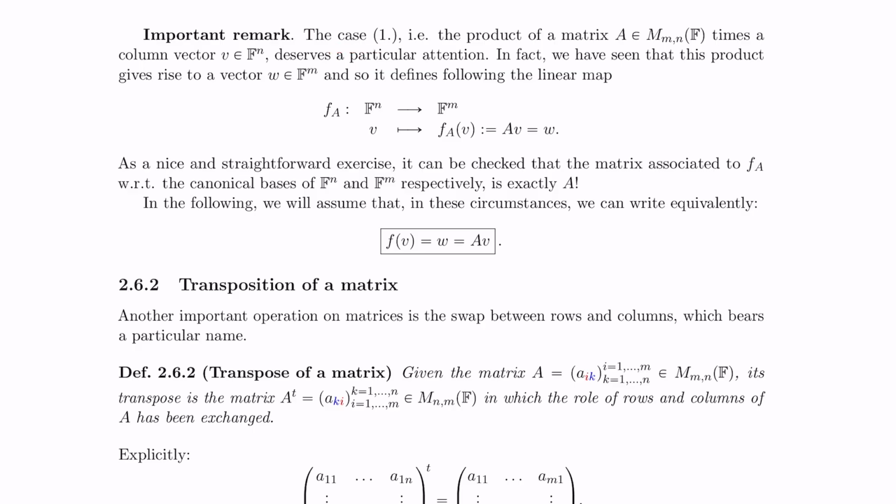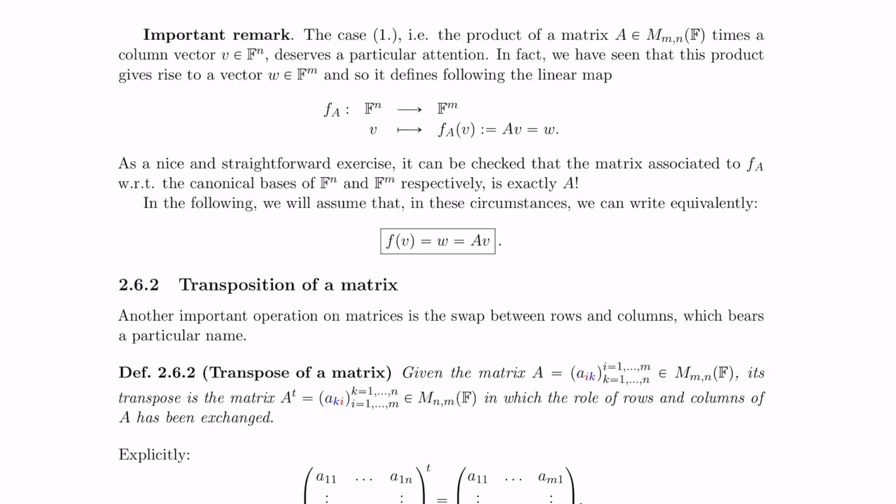Case 1, that is, when we have a product between a matrix with m rows and n columns and a column vector with n entries, deserves a special attention. In fact, we have seen that this matrix product gives rise to a column vector with m entries.